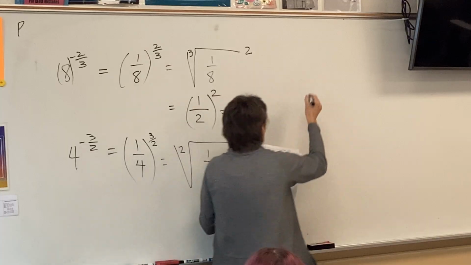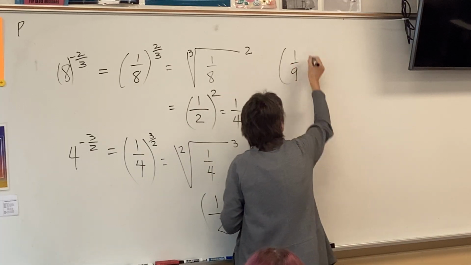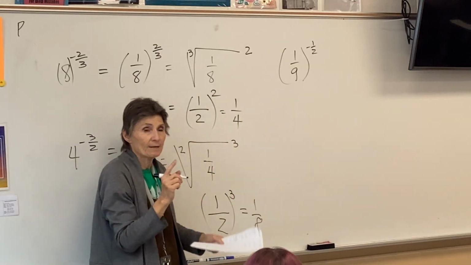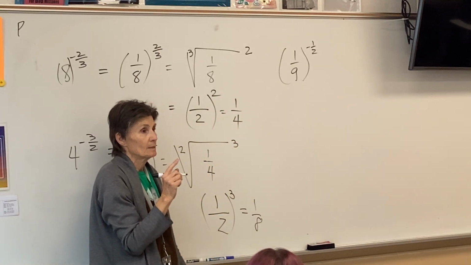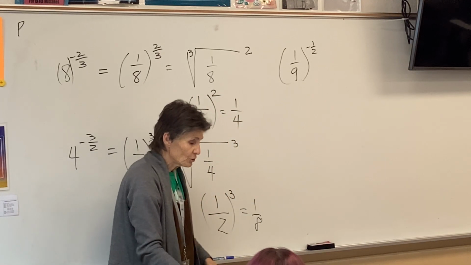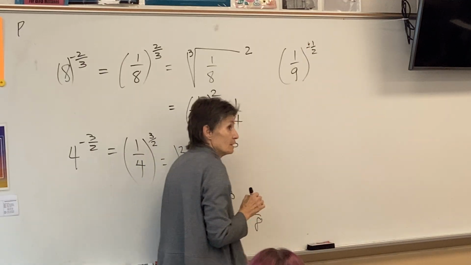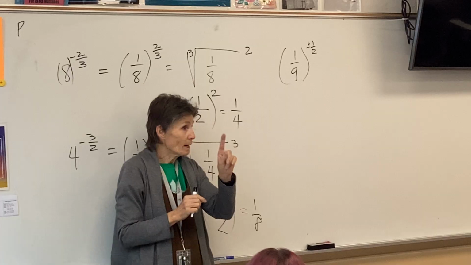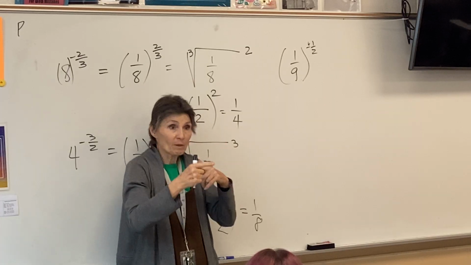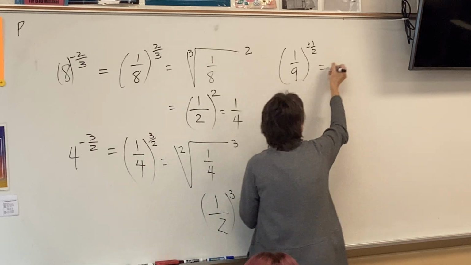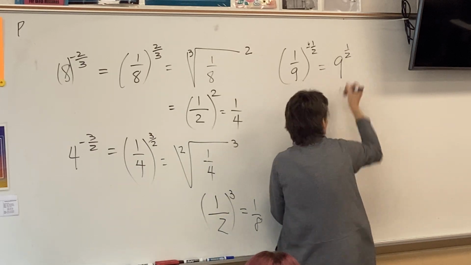All right. 1/9 to the negative 1/2. These look so hard, but they're not if you do them one step at a time. First thing I have to do is deal with this negative. That's going to take my 1/9 and flip it back over and turn it into 9 to the 1/2.